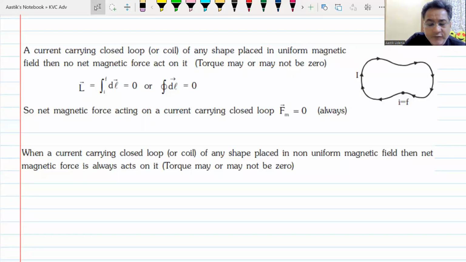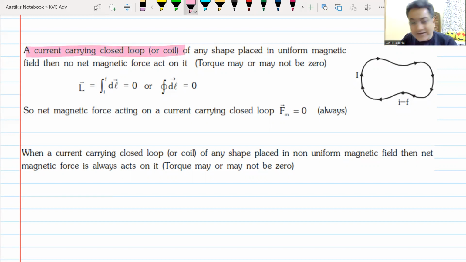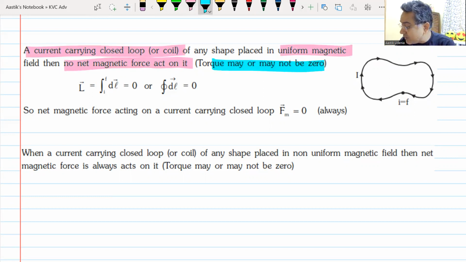So this is again a confirmation of the same fact. If you have a current carrying closed loop or coil of any size, any shape, placed in a uniform magnetic field, the net force acting on the loop has to be 0. The torque may or may not be 0. We'll come to this torque, don't worry. But if it is a closed loop placed in a uniform magnetic field, net force is 0.